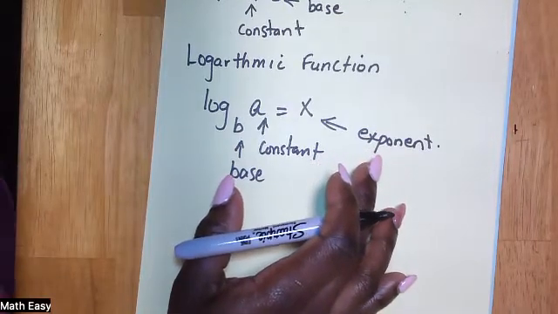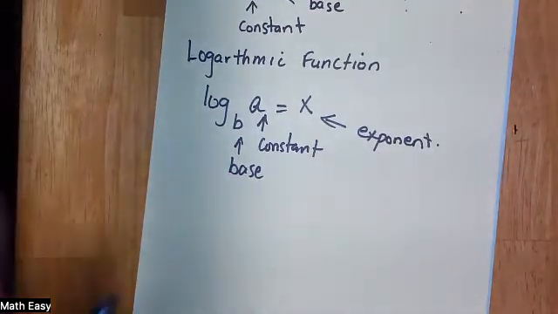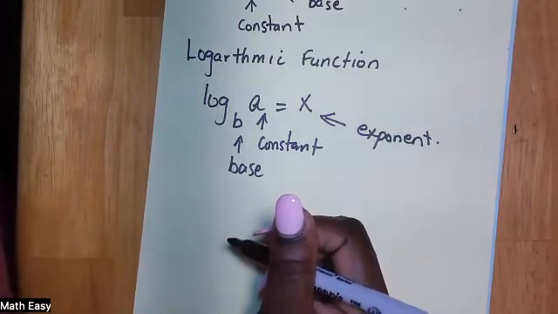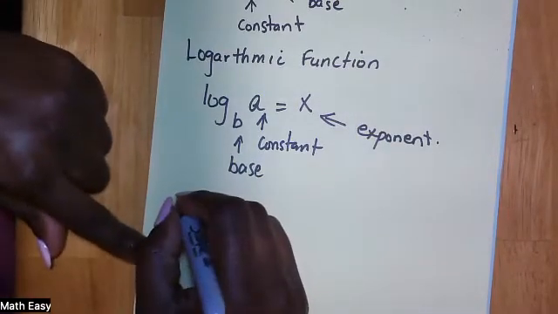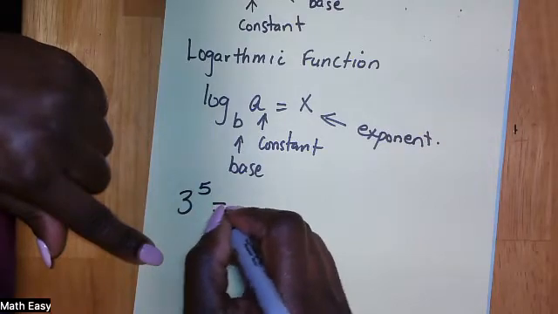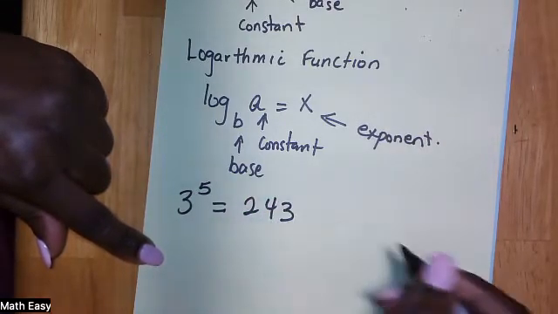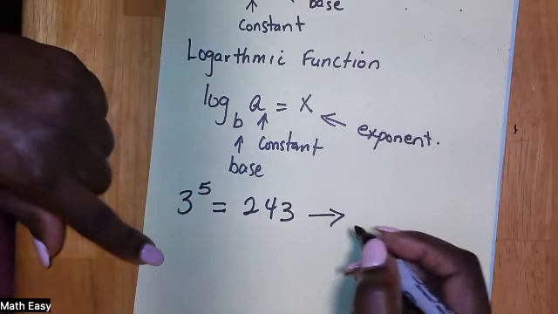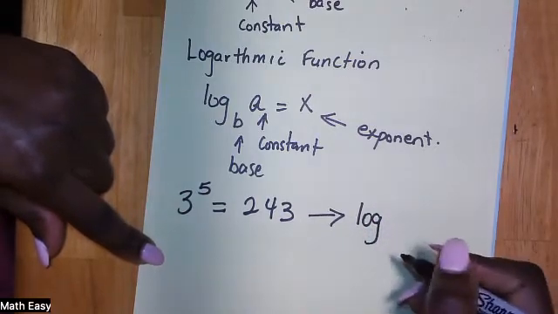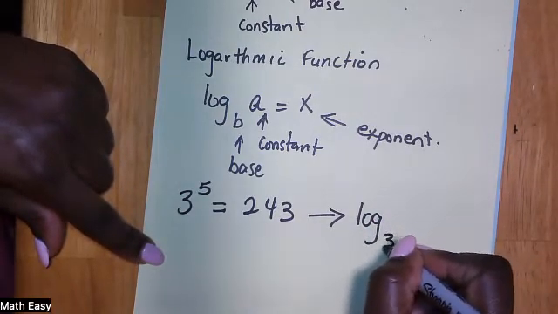So how do we convert from a log to an exponent and an exponent to a log? It's very simple. If we have 3 raised to the power of 5 is equal to 243, then to convert that, we start with log. We write our base next to log.